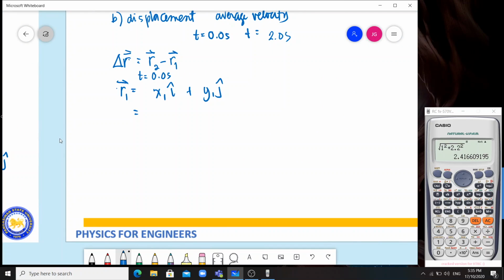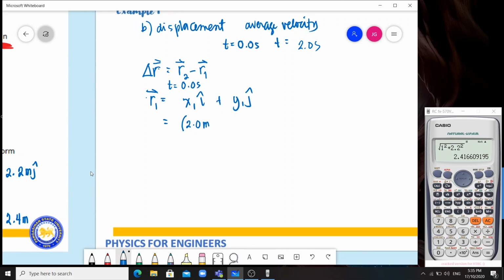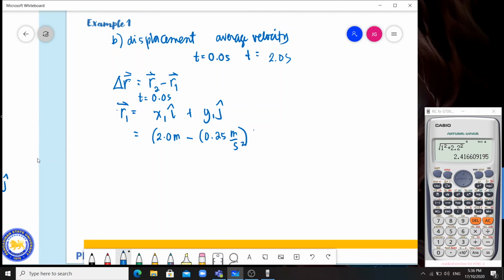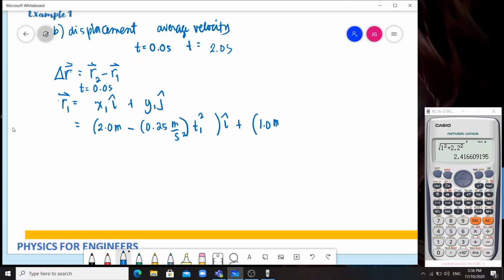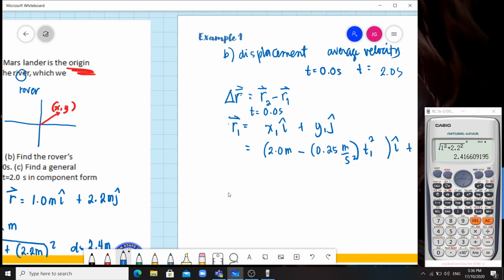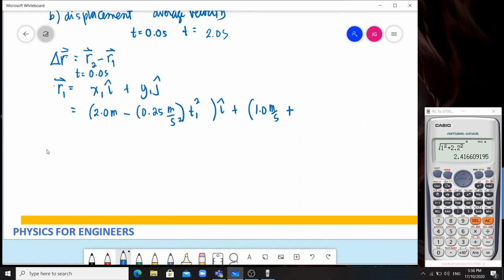Ang x natin ay equivalent sa 2.0 meters minus 0.25 meter per second squared t squared, i plus yung y component natin, that is 1.0 meter per second t, plus 0.025 meter per second cubed t cubed, t1 j. Okay, yan yung position vector natin at time 0 second.